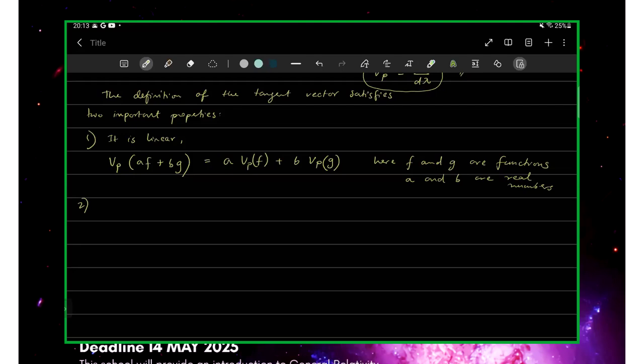Okay, so the second property which the tangent vector abides by is called the Leibniz rule. A lot of people call it Leibniz; you can call it Leibniz if you want.